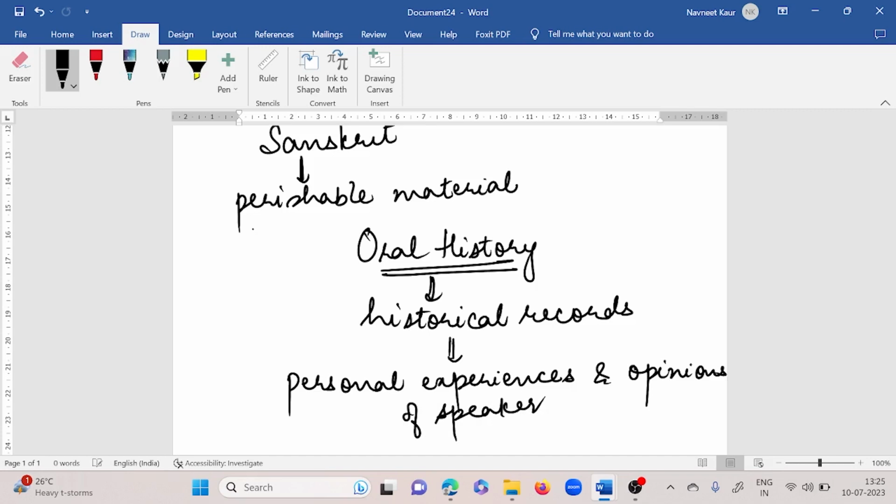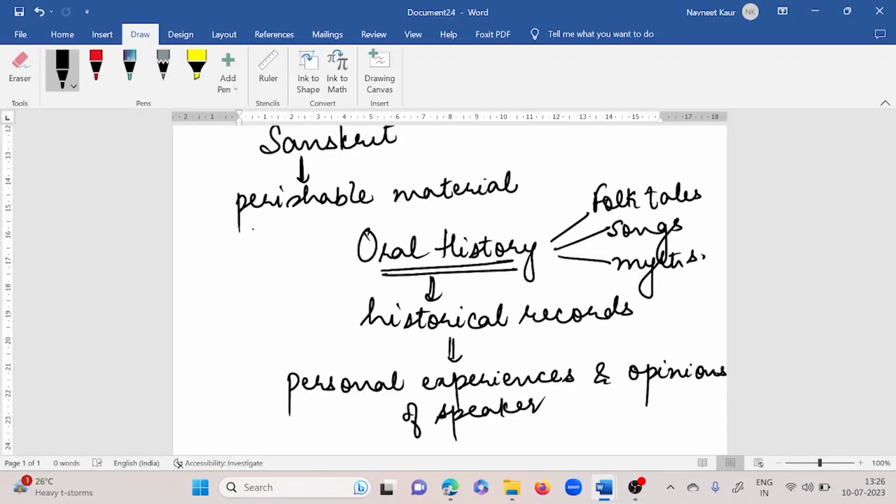For example, folk tales, songs, myths, right? These are usually handed over from generation to generation, orally or by word of mouth.